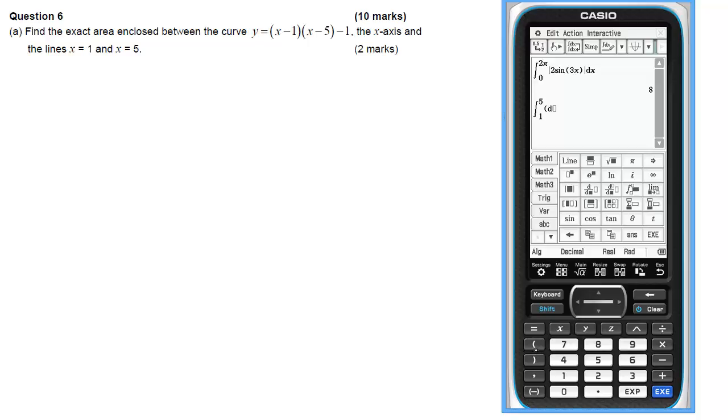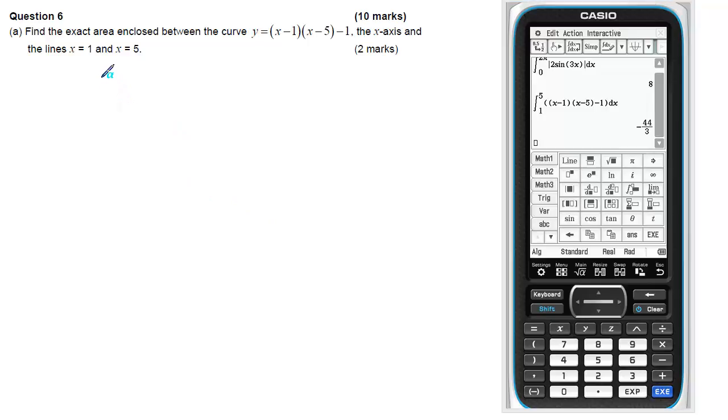So bracket, x minus 1, open a bracket, x minus 5, take away 1, close the bracket, and that one is dx. And that's, I'm going to go to standard actually, and let's do that again, negative 44 over 3.